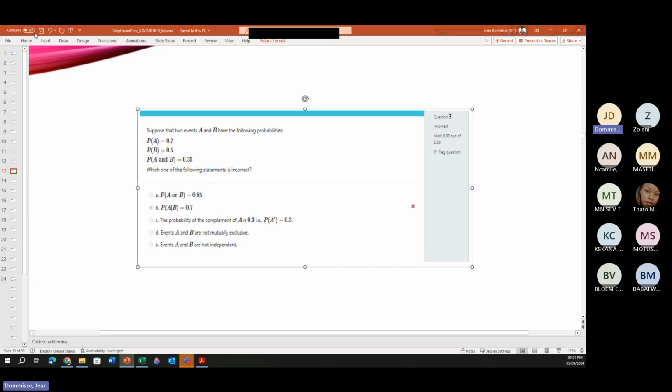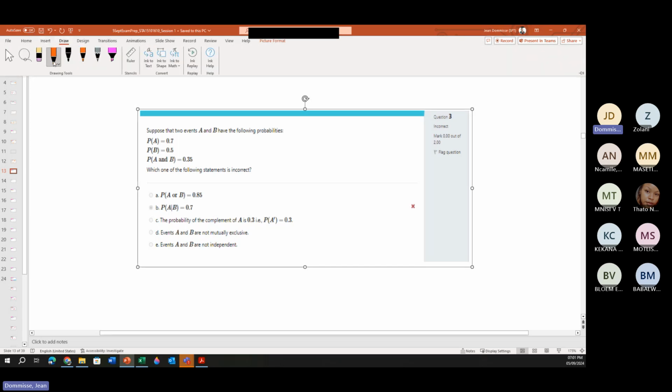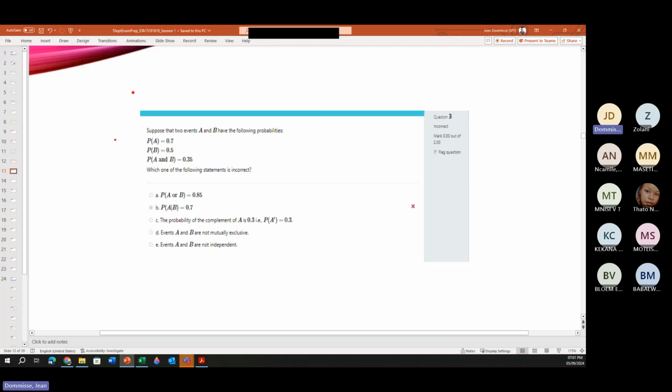So here we are busy again with probability. Suppose that two events A and B have the following. Which one of the following statements is incorrect? Let's first look at the probability of A and B, which is 0.05.